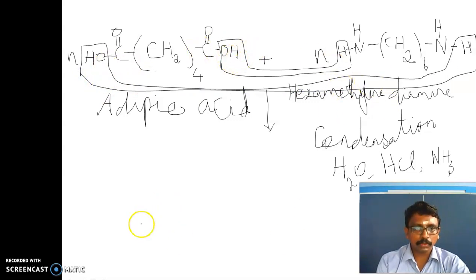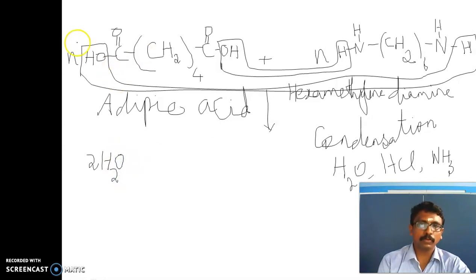So two molecules of water are removed. Here one H2O is removed, and here also one H2O is removed. So what is the product obtained, children? Remaining, what elements are there?